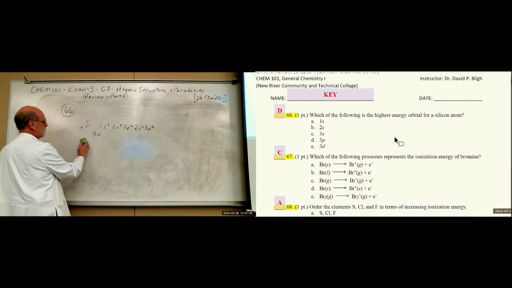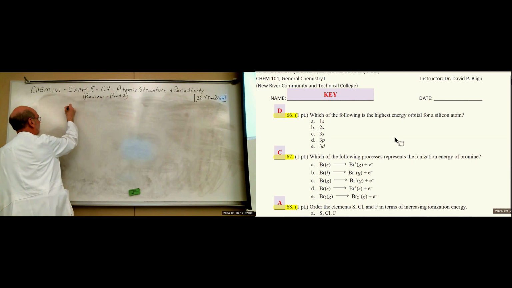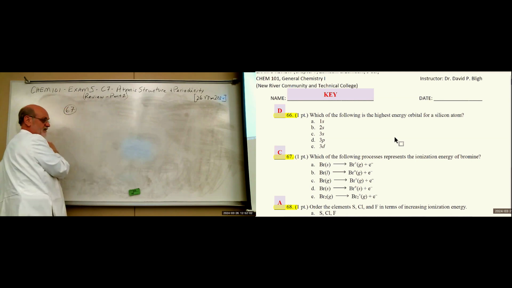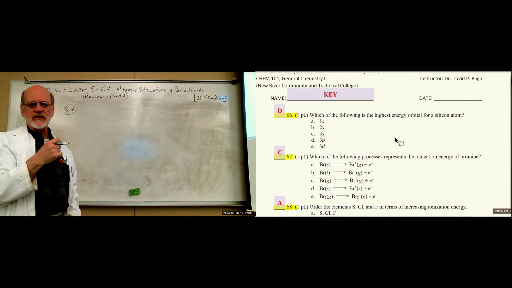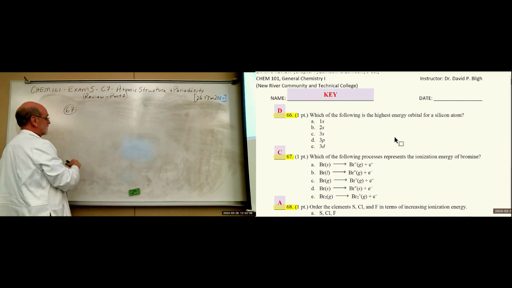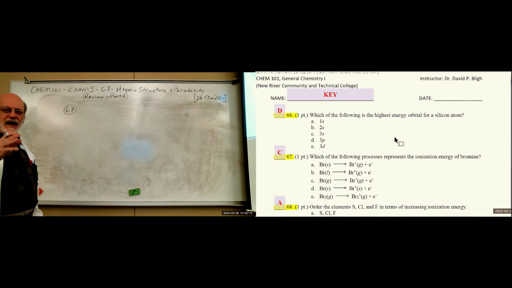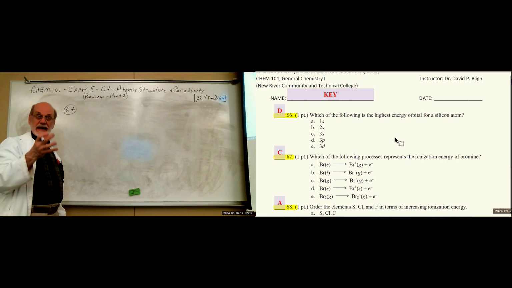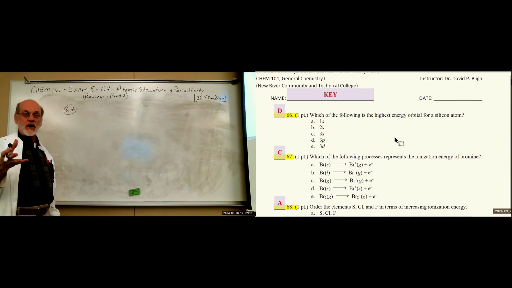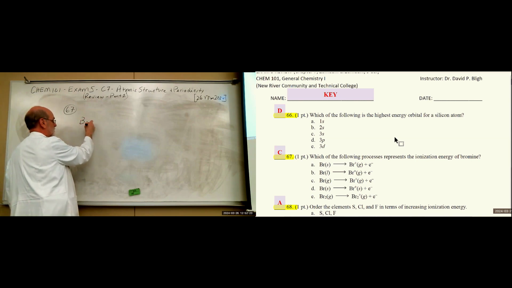67 next. Okay. Which of the following process represents the ionization energy of bromine? All right, so bromine, when we're determining the ionization energy of any atom or any element, we have to start with the gas.